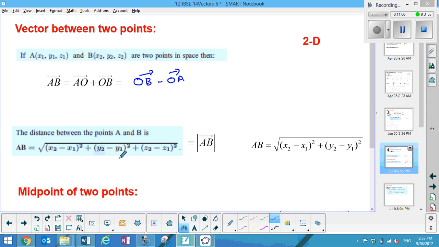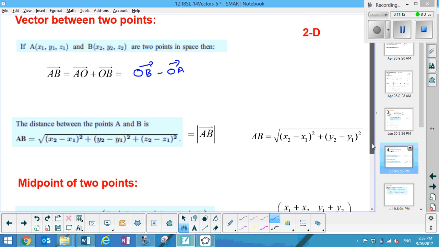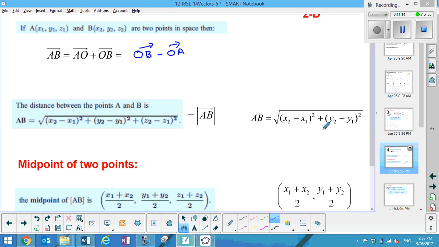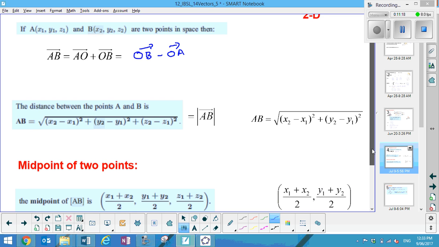If we want the distance between those points, we just substitute in those values, but they come from subtracting the x values, subtracting the y, subtracting the z, and squaring them. So 2 different rules, and we can see it's the same as the distance between 2 points that you would have done in years 9 and 10.